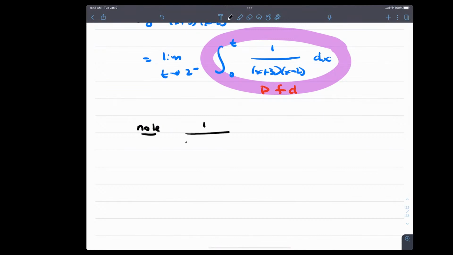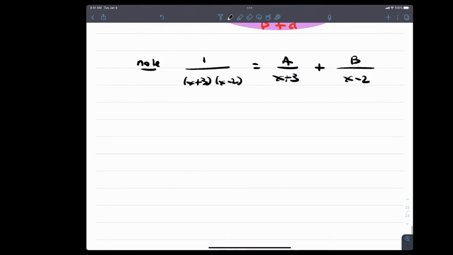Remember, 1 over x plus 3, x minus 2 becomes a over x plus 3 plus b over x minus 2. Okay? And I tell you, by using partial fraction decomposition, you get a is negative 1/5. You're going to get b is positive 1/5.